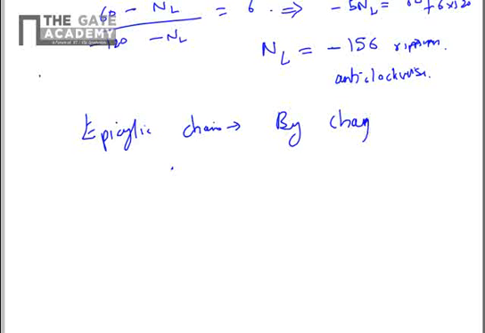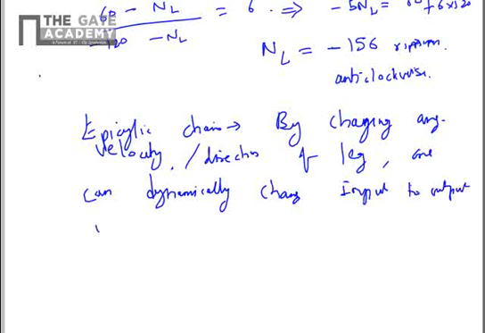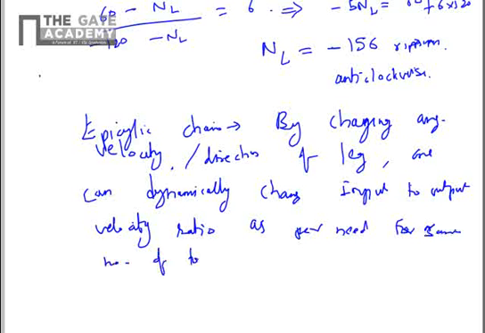By changing the angular velocity or direction of the leg, one can dynamically, at will, change the input to output velocity ratio as per the need, for the same number of teeth and gear arrangement.